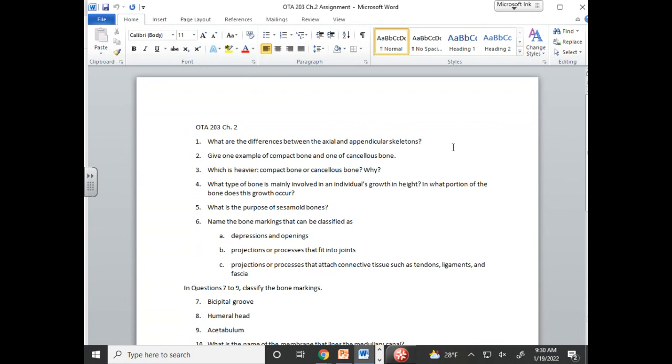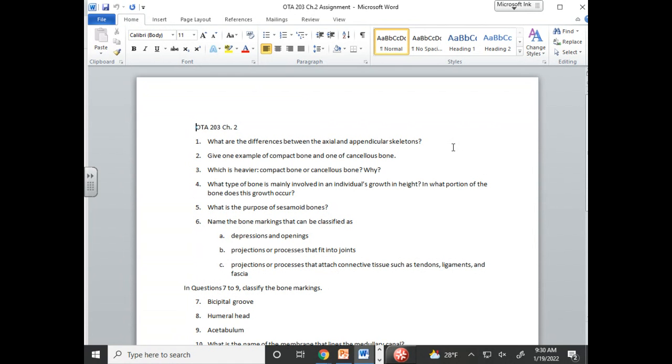All right, for number 6. Name the bone markings that can be classified as, A would be depressions and openings. So what is classified as a depression or an opening? An opening. Sinus. Yep. Good. Okay, what is classified as projections or processes that fit into joints?